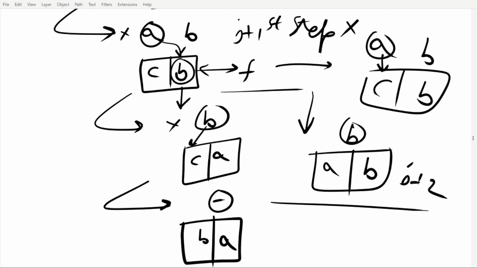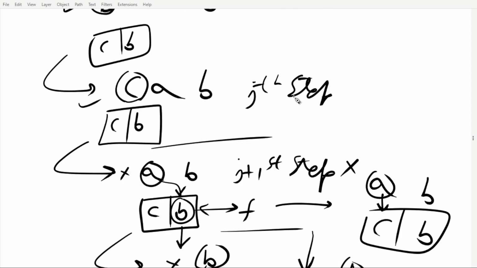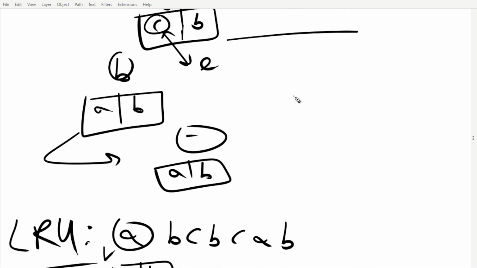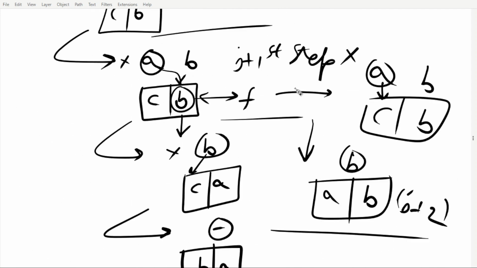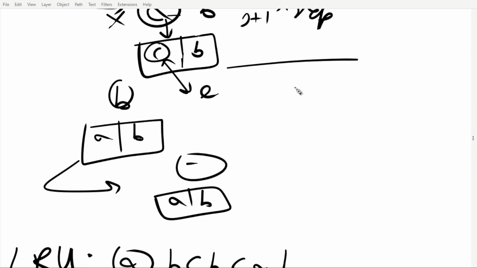j plus 2. And now compare it with j plus 2 step of FF algorithm. In our FF algorithm, j plus 2 step is the j plus second step.